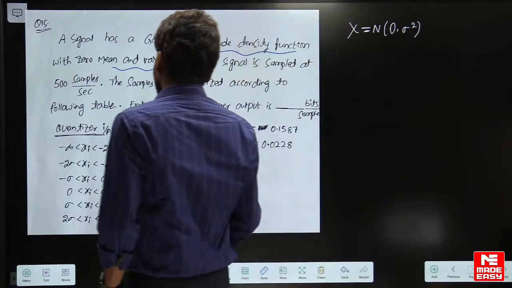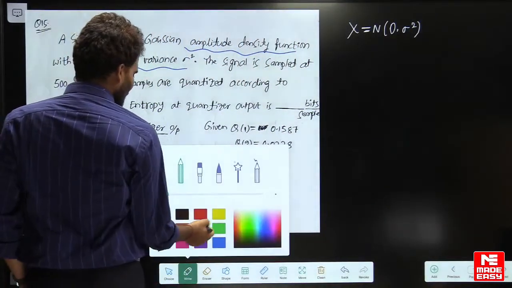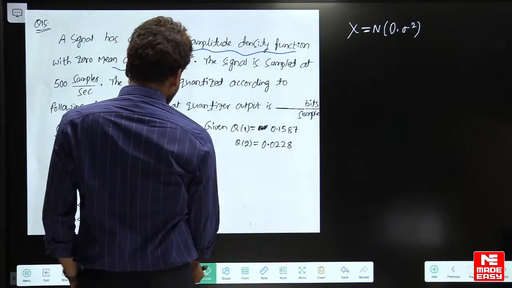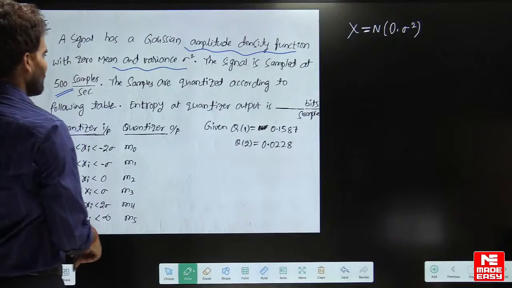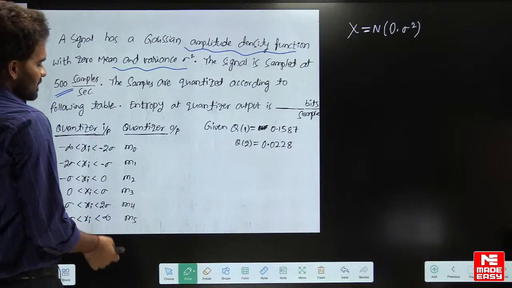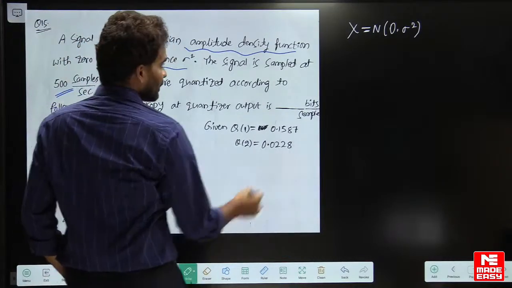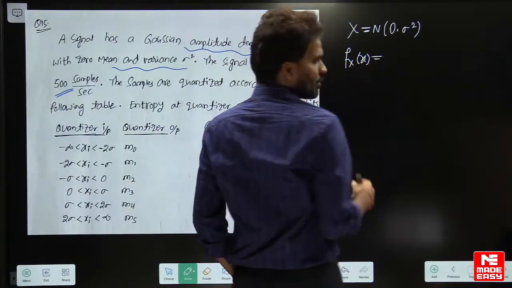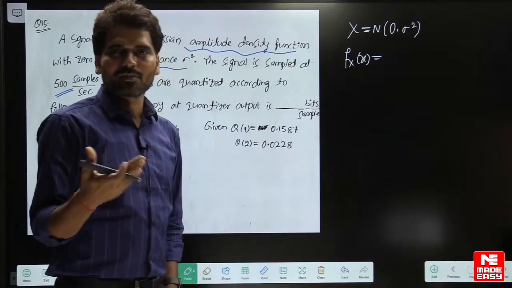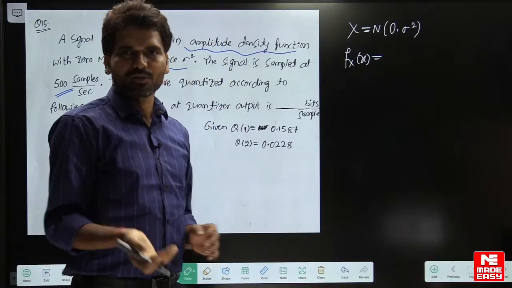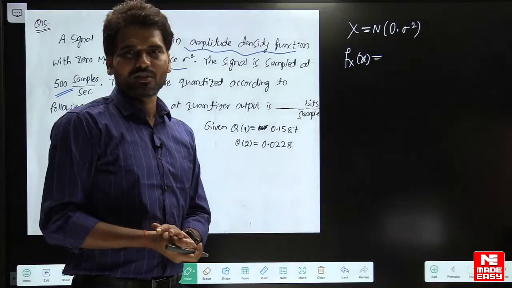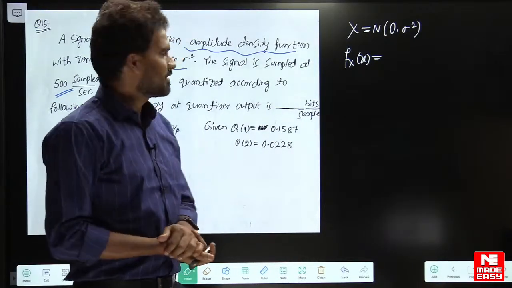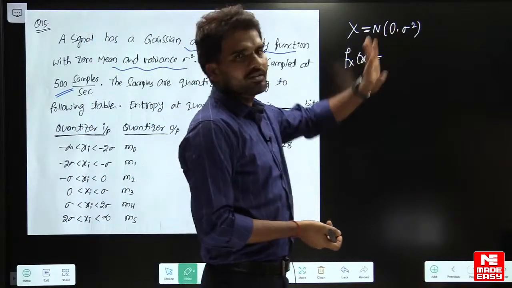The signal is sampled at 500 samples per second. If you say any random signal, some x of t, if you see its amplitude, that amplitude of the random signal is following a Gaussian density function with 0 mean and variance sigma square.